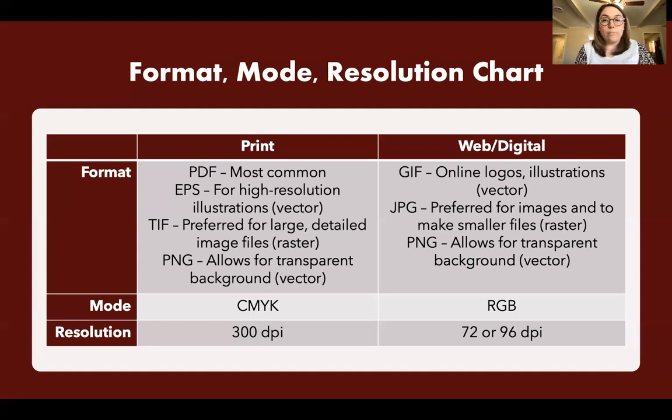So 300 DPI is typically what we see for print. That's the minimum resolution that we can use for high quality print, okay? And don't worry, when we actually go to export files in Illustrator and InDesign, we'll go over this again, but I just wanted to introduce this concept to you.